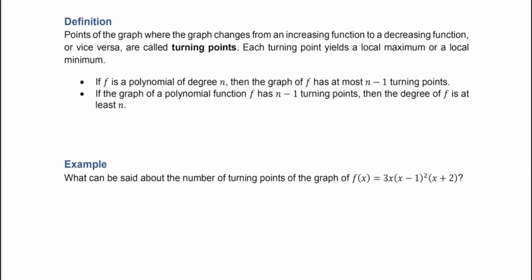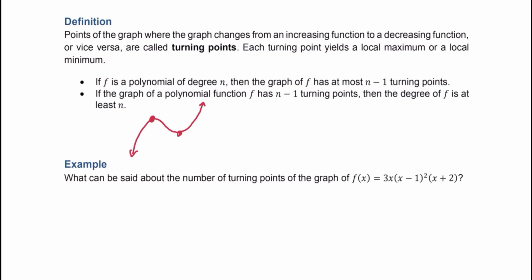Points of the graph where the graph changes from an increasing function to a decreasing function, or vice versa, are called turning points. Each turning point yields a local maximum or minimum. So if we were looking at this graph, it has 1, 2 turning points. If f is a polynomial of degree n, then the graph of f has at most n-1 turning points.